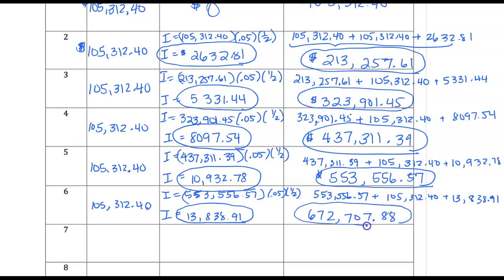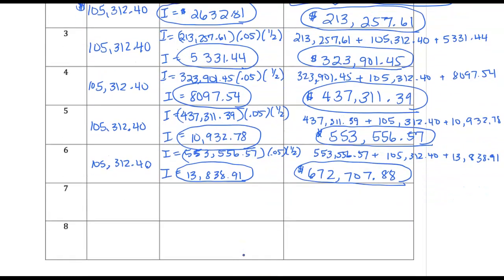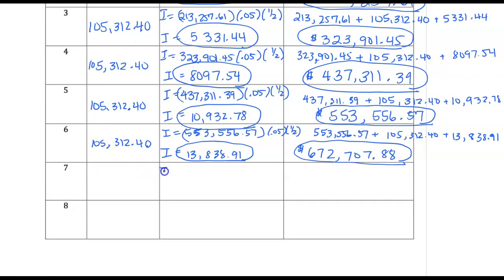And we get a total of $672,707.88. Hold on with me for one more row, because when we get to row 8, it's going to be a little bit different. Row 8 is the only one that differs. Let's calculate our interest, taking that old balance times our 5% times our half of a year, and we get an interest of $16,817.70. That interest is really working in favor of the person with the bank account.